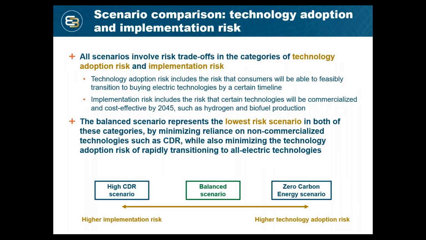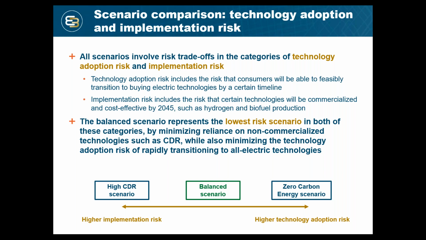We can also compare the scenarios on the basis of technology adoption and implementation risk. The big trade-offs that we're seeing here are, in the high CDR scenario, an implementation risk really around the large amounts of carbon dioxide removal that would be needed in that scenario in order to achieve carbon neutrality by 2045. The zero carbon energy scenario has less reliance on CDR.